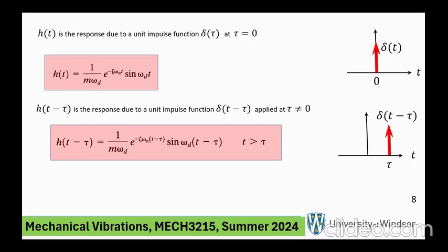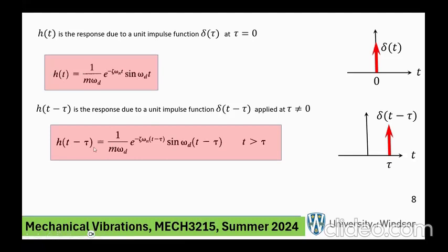Because this essentially is what is causing the displacement, what is causing the block to move. If this happens at time tau, nothing will happen until the time tau, and then after that, it will move just as if it happened at that instant. Okay, one more time. This is the unit impulse response, or simply impulse response, due to the delta function at time tau equal to 0.